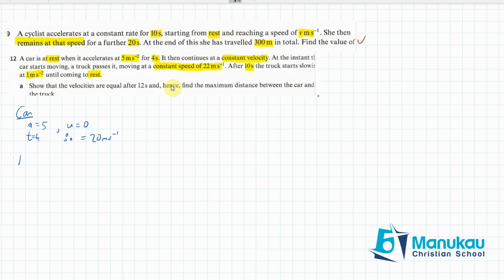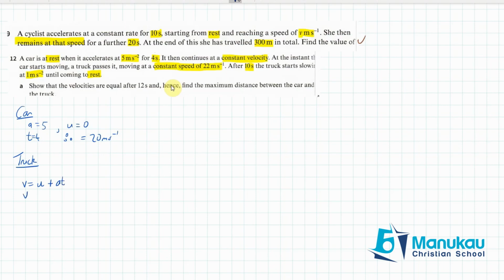Now let's look at the truck. Okay, so the truck starts off at 22 meters per second, and then after 10 seconds it starts slowing down. So we're going to use the formula v equals u plus at.